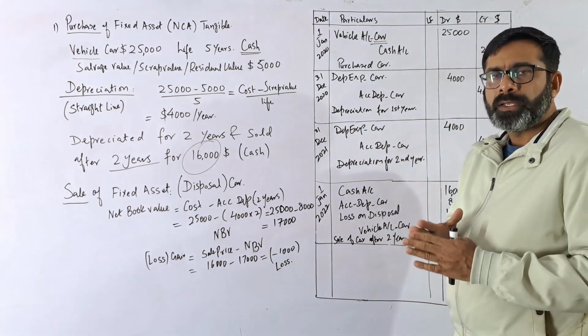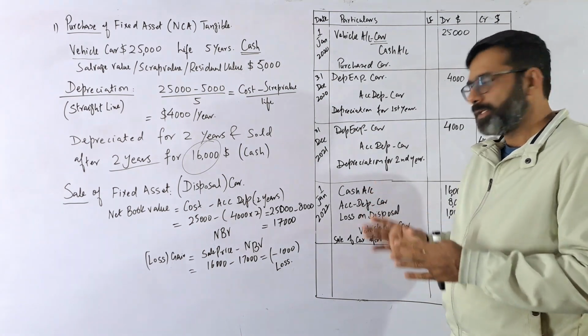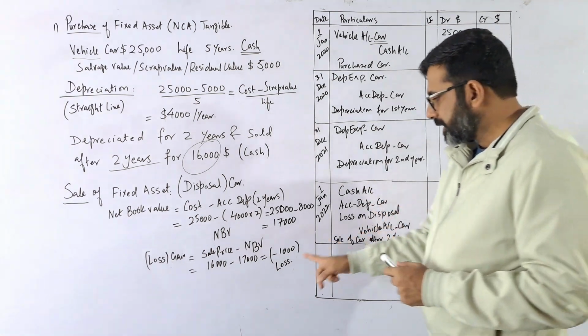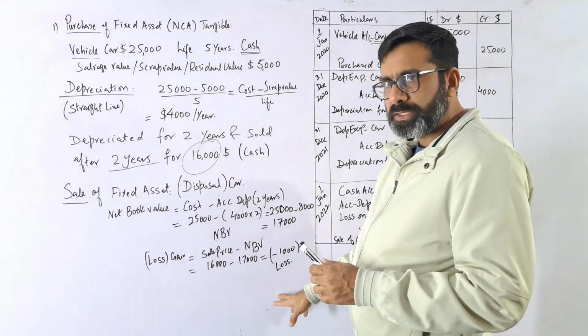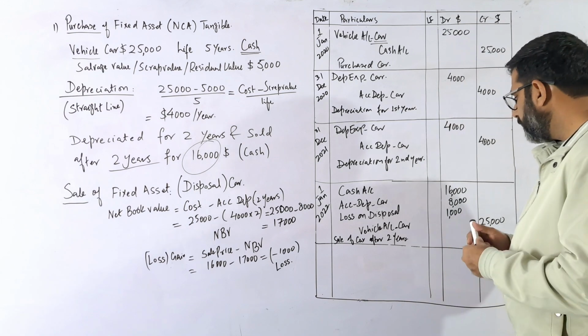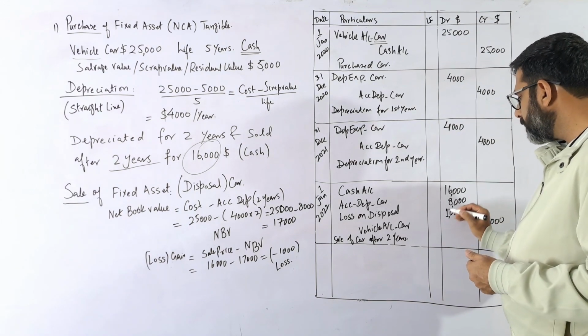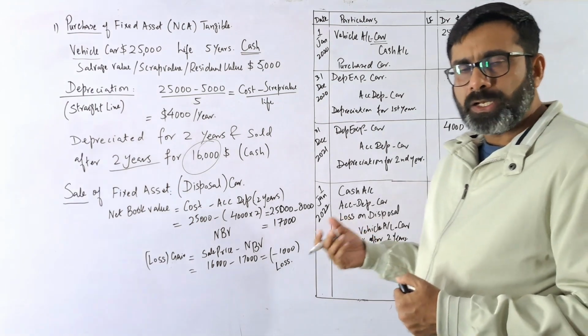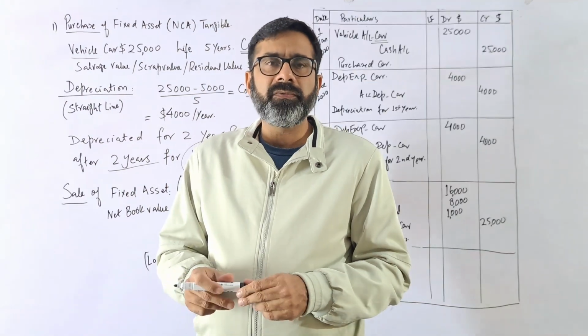So we have to clear that account, we have to make the balance zero, so it will be debited again for 8,000. Then there was a loss, but the loss is just like an expense, so that is debit. So it is debited with 1,000, so 16,000 here, 8,000 here, and 1,000 for the loss. So the total amount is 25,000.